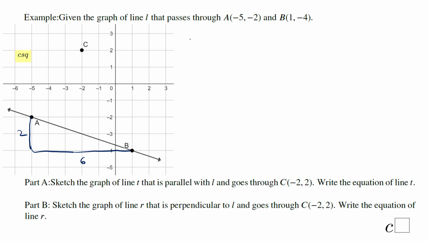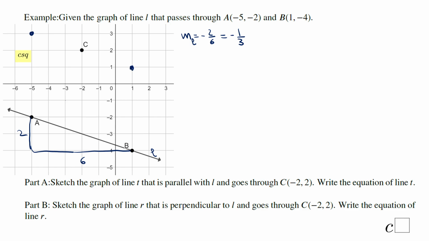So the slope of line L is negative 2 over 6 or negative 1 over 3. So again, from this point now, you're going to go 3 down, 1 left. I'm sorry. We need to write the parallel lines, so we're gonna go 1 up, 3 left, or 1 down, 3 right.